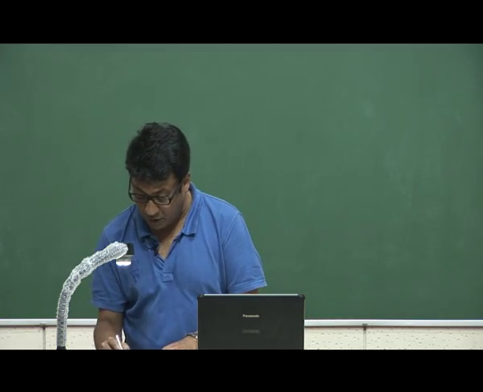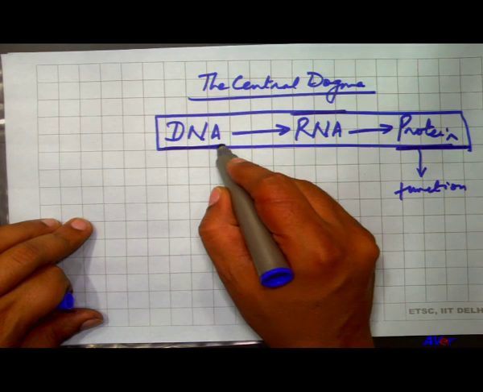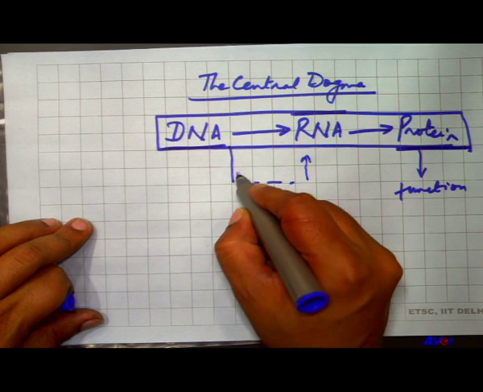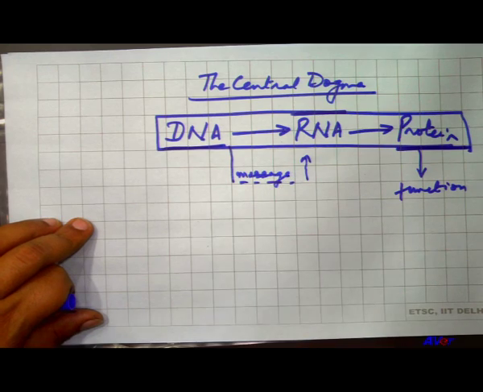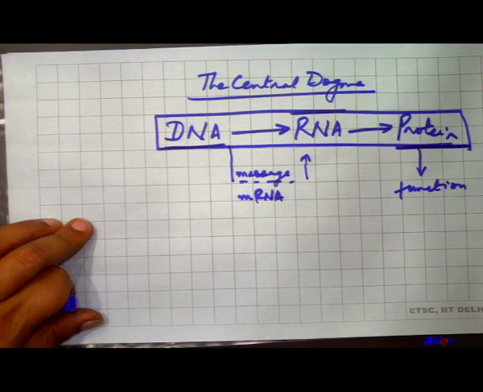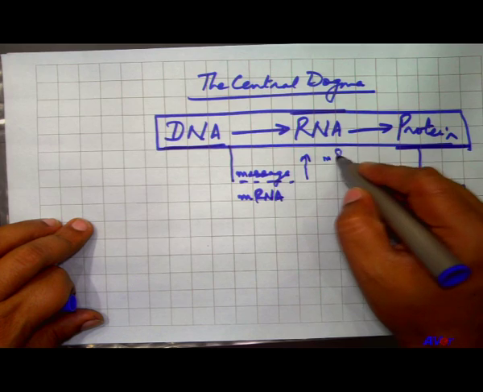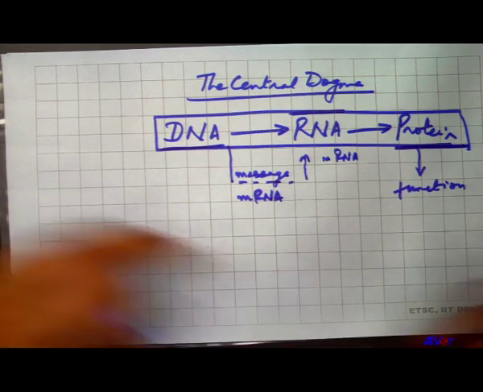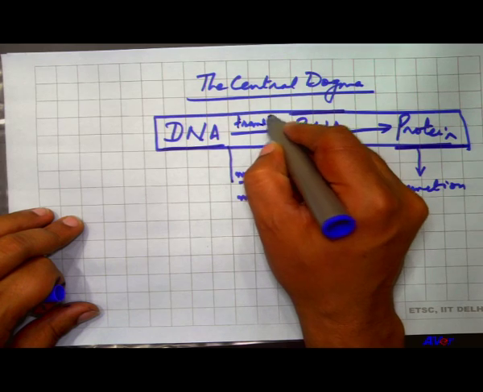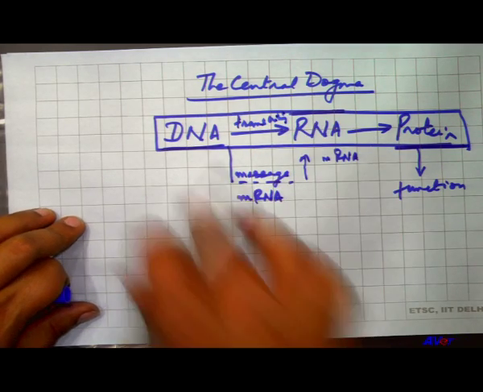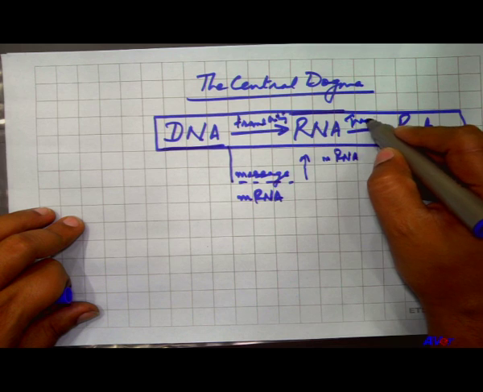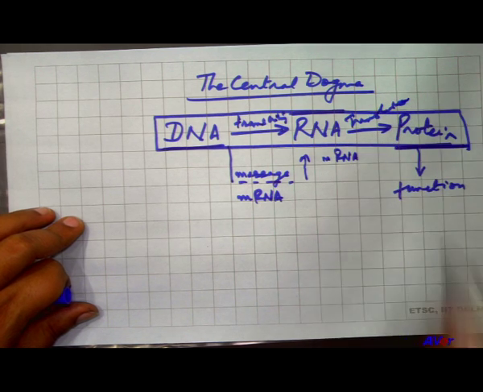You will learn, for example, that when DNA needs to be converted to RNA, of course, you will have a message first. So, you will have an RNA species called messenger RNA, and then when this message is to be translated into a protein, so you first are transcribing DNA into RNA, then this RNA has to be translated into a protein.